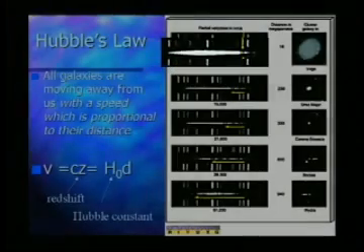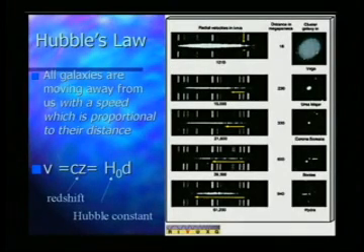And what Hubble found is he could see this characteristic doublet, as it's called, in these galaxies, but as he looked at galaxies that were further and further away, they were shifted further and further to the red end of the spectrum. This is known as the cosmological redshift, and it is through the redshift that we derive the speed of the galaxy.